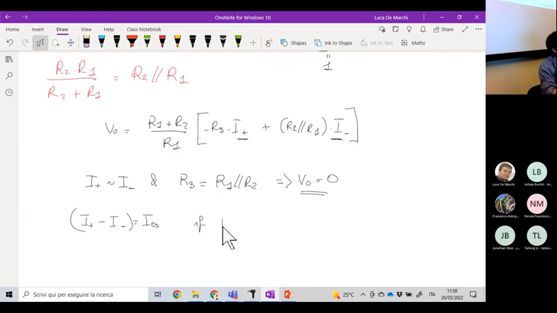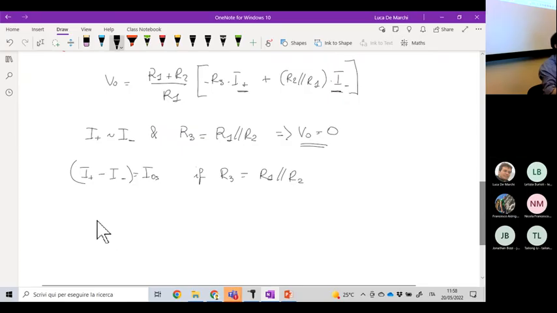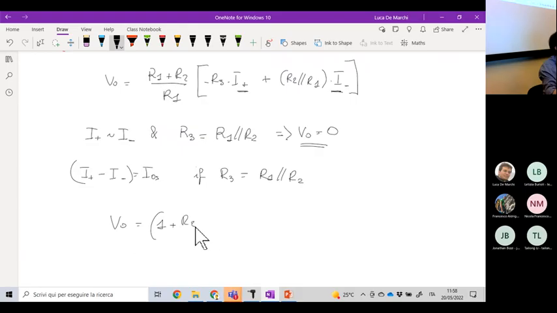If you still keep R3 equal to R1 parallel R2, then you can plug this result here and have the following global result. The output voltage is equal to (1 plus R2 over R1), that is this part here, times minus R2 parallel R1 times the offset current.